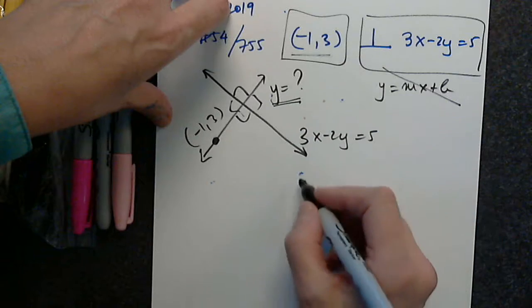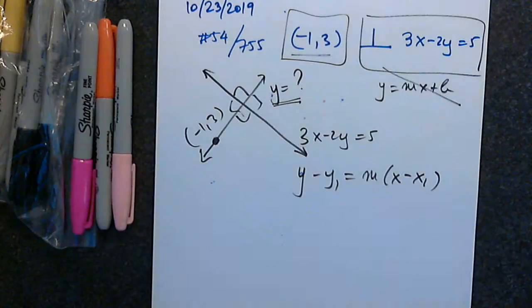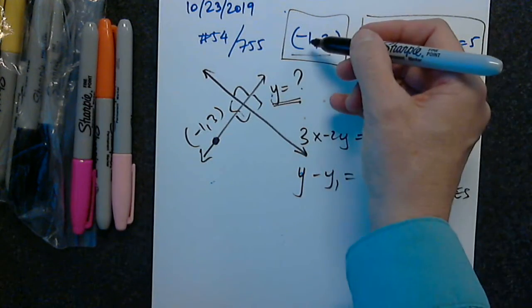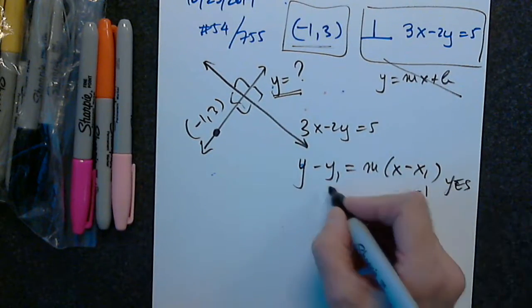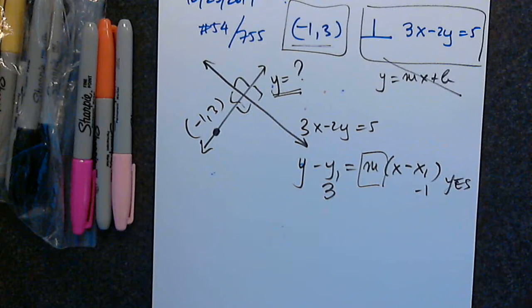The other option is y minus y1 equals the slope times x minus x1, as we know the point-slope form. Yes, I am going to use this one because I have the point -1, 3 because the point is on the line. So this is -1 and this is 3. The only piece of information that I'm missing is the slope. Once I get the slope, I plug it in and I'm done. But now the question is, how do I find the slope?